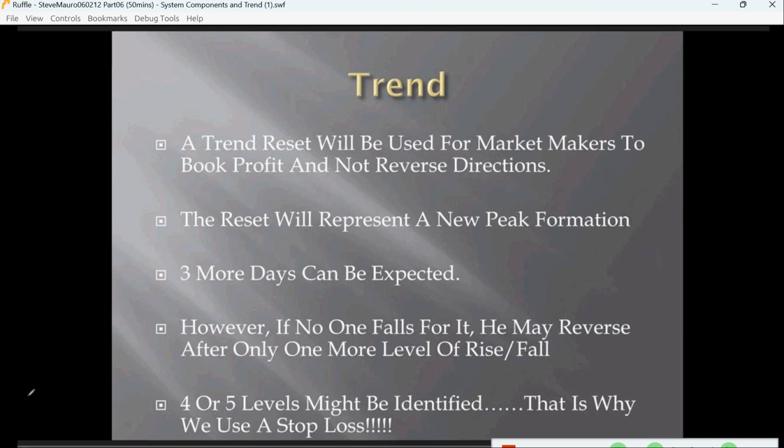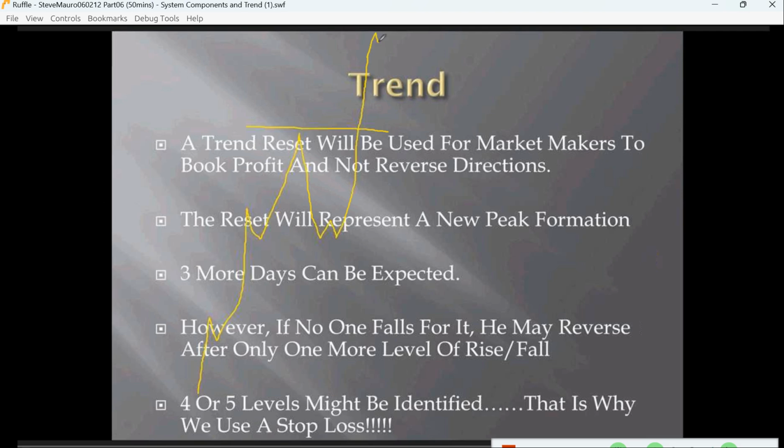So here's what I'm talking about. Okay? The dealer hits 3 levels. He pulls back. He throws a reset in here. He comes back and rises one more level. People have not let go of their short positions, or they're not going to let go of their long positions, so he'll say, all right, you don't believe me?